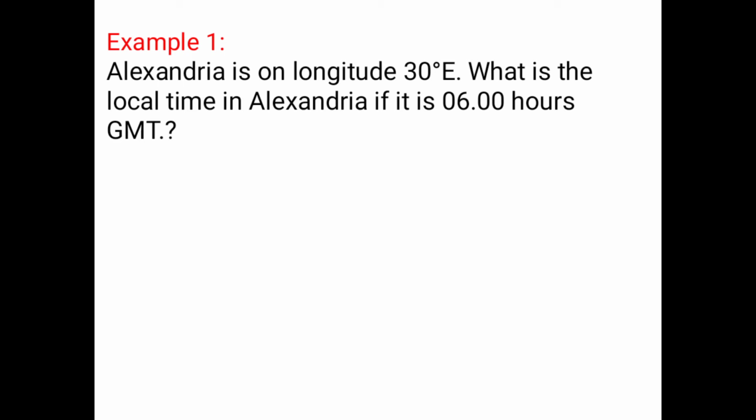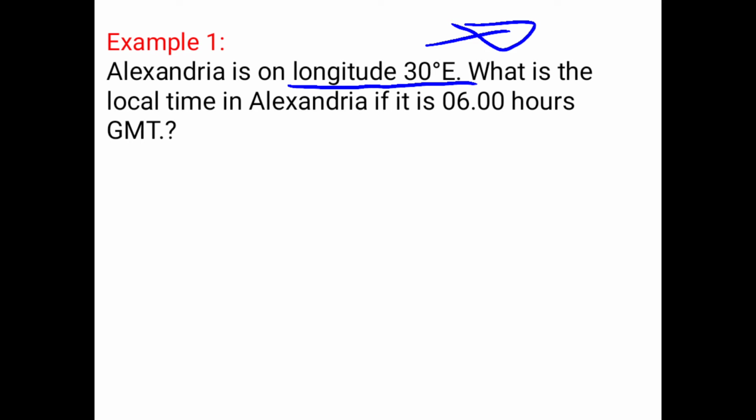First thing is that I'm going to focus on longitude. My longitude is what? 30 degrees east. So the first thing I have put in mind is it's heading in the east. Remember we said that when it rotates 15 degrees towards east, 1 hour is gained.